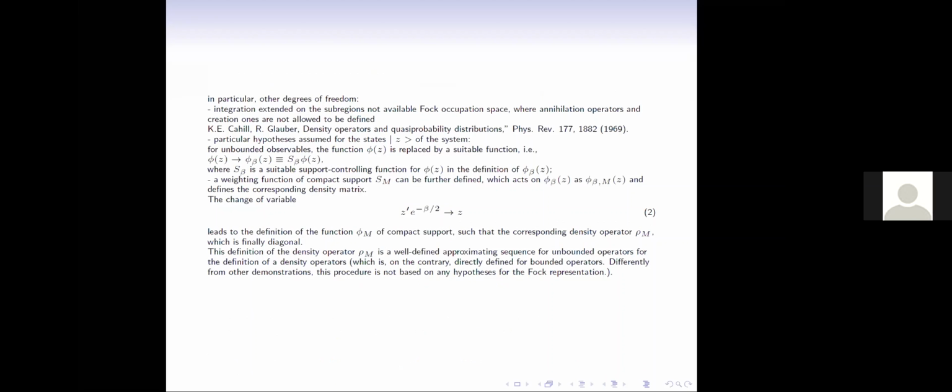So the analysis can be done by defining a weighting function on a compact support, for which it's possible to better evaluate the energy of the states, the description of the wave functions for the very high energy states or infinite energy states.